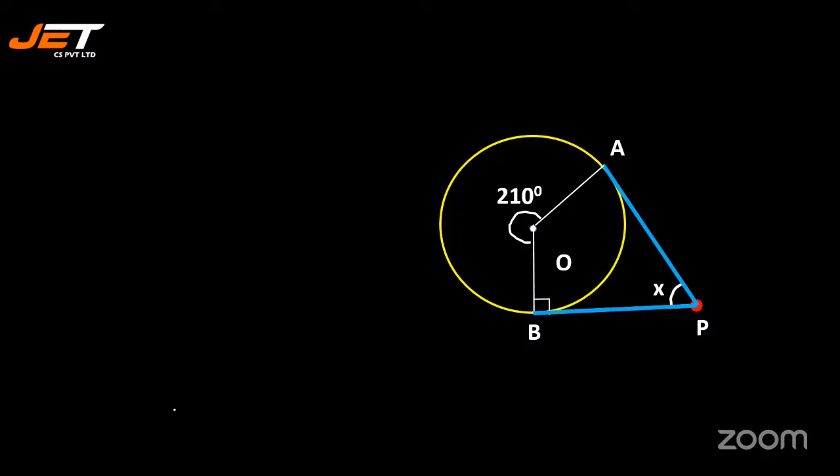Now we can find out like this. 210 is given. So now we will find out the value of y, which is 210 plus y is equal to 360. So the value of y would be 360 minus 210. So this would be 150. So y would be 150. Now we can find the value of x.